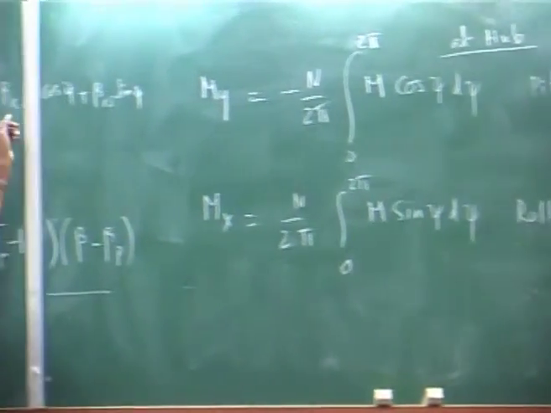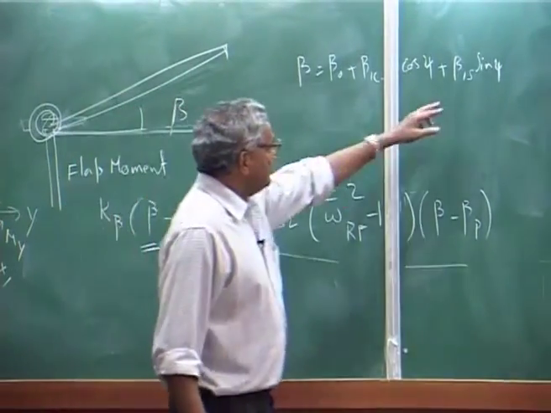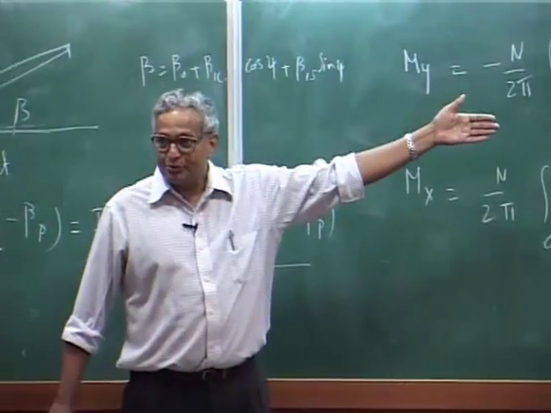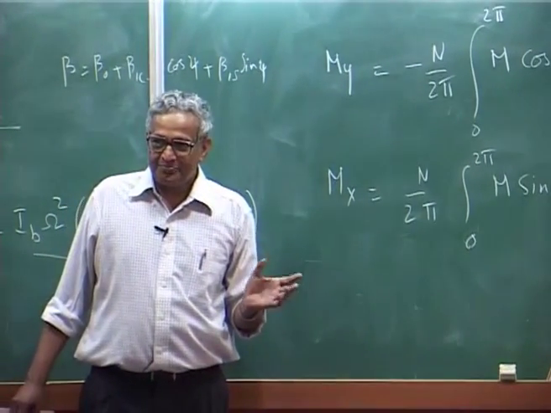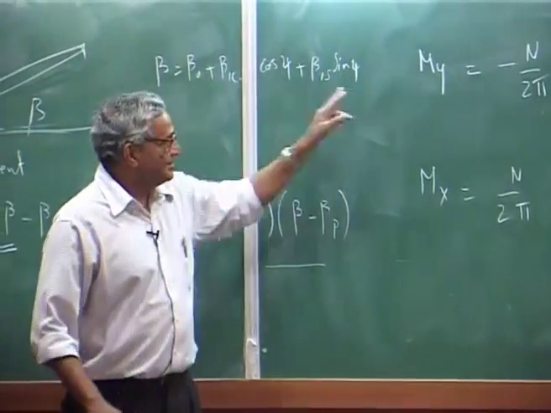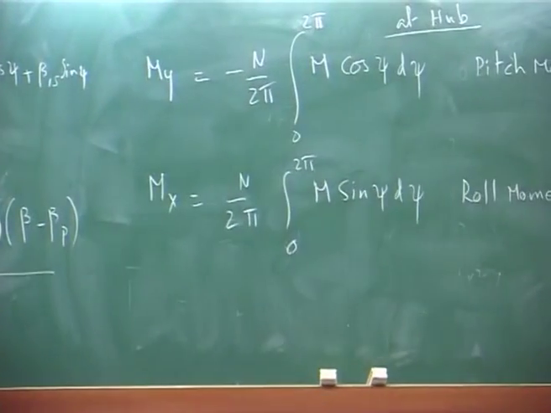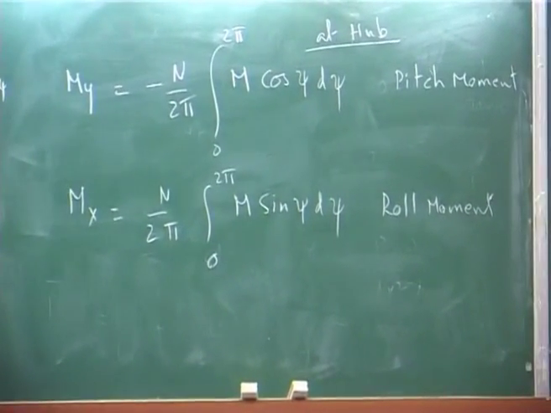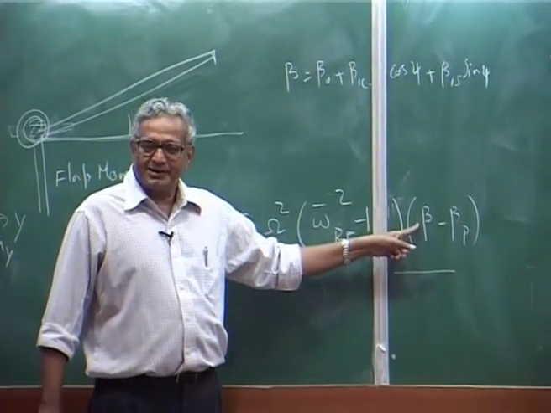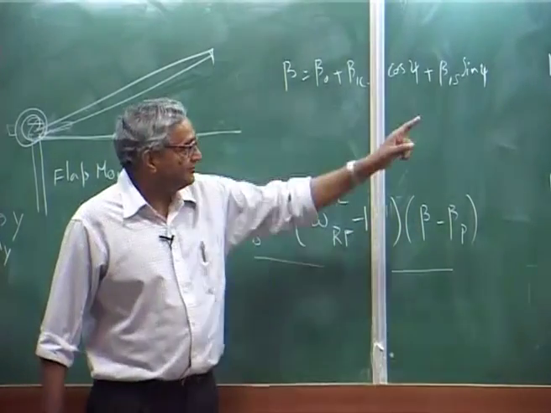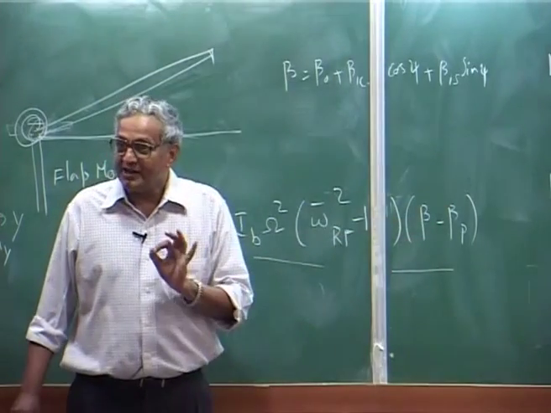You will find beta naught cosine psi, beta naught is a constant, it will go to 0, and then beta 1s sin psi cosine psi, that is again sin 2 psi integral, that is also 0. What you will have is only beta 1c. You are substituting for beta this expression, and you will find only beta 1c will remain for the pitch moment, and for the roll moment only beta 1s.